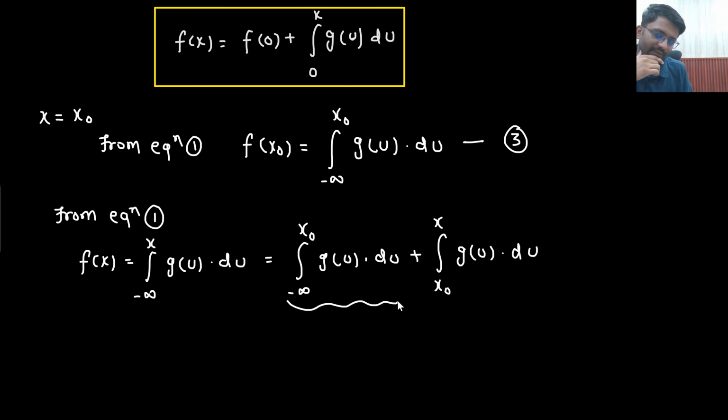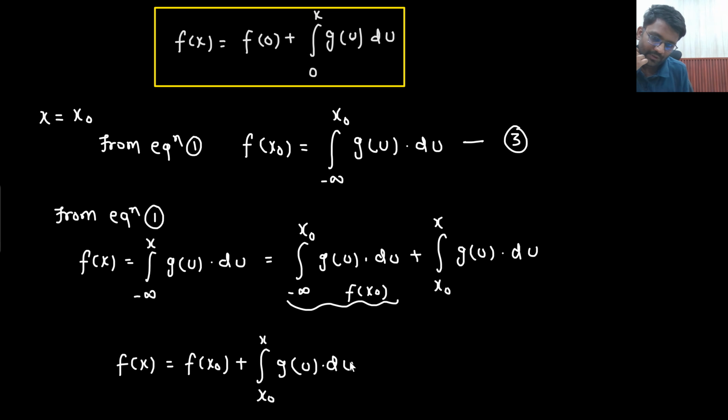Now what is this first part? This is nothing but f of x naught only. So f(x) is coming out to be f of x naught plus the integral from x naught to x of g of u du.